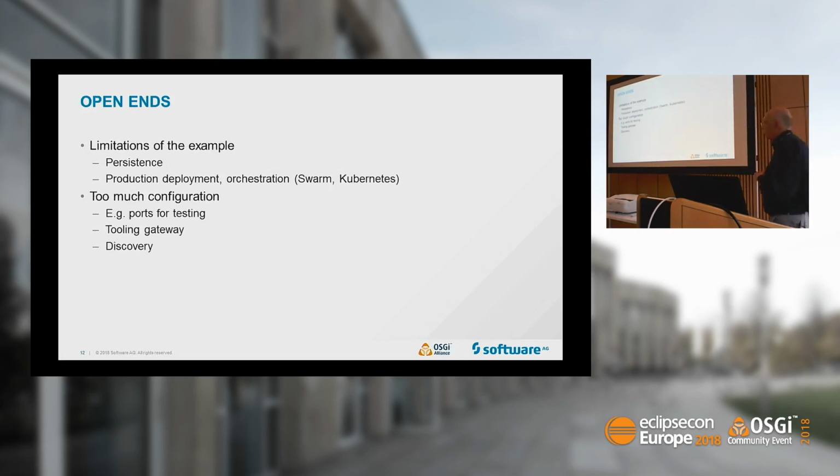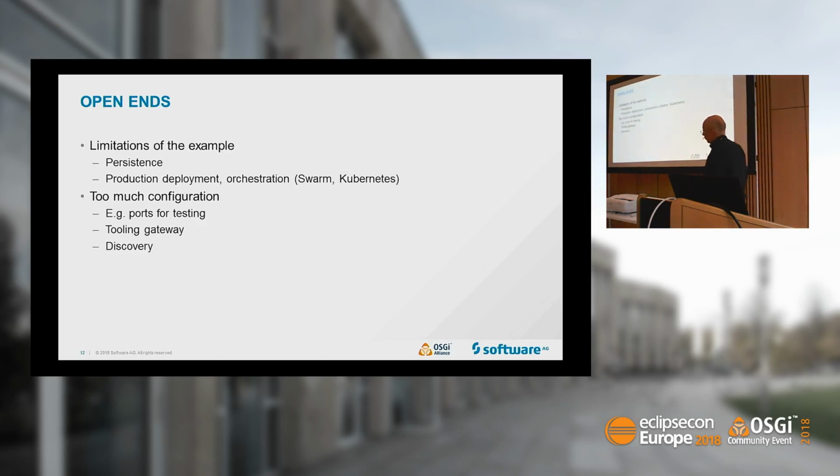Okay, there are some open ends, so you could argue about the limitations of the example itself. Of course, the way the user management is done is very straightforward and simple, but still I think it's realistic enough to show the idea of how you would compose a more complex system. But it does also show that once you have these containers, you can decide how to use them, how to use multiple instances of this container, multiple instances of that container, how to scale up, scale down, even partly while you're doing your development still.